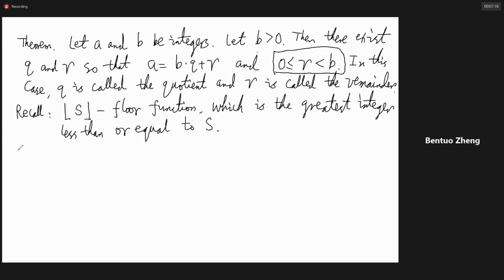Okay, so for example, what is the floor of 3.1? The greatest integer less than or equal to 3.1 is, of course, 3. And say 4: the greatest integer less than or equal to 4 is just itself.